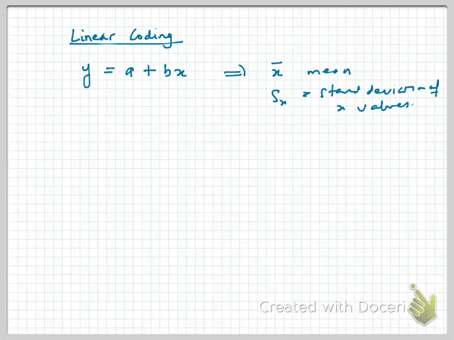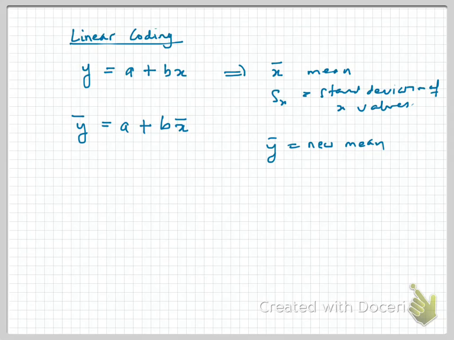It turns out that the mean is also changed by multiplying by B and adding A, and it gives us our new mean. So Y bar is our new mean.